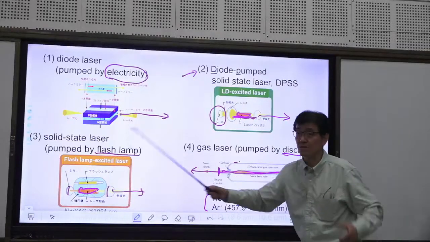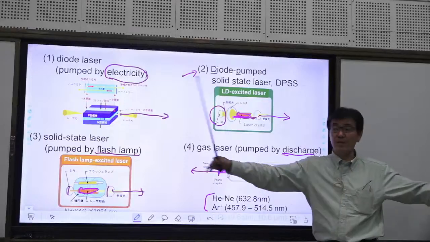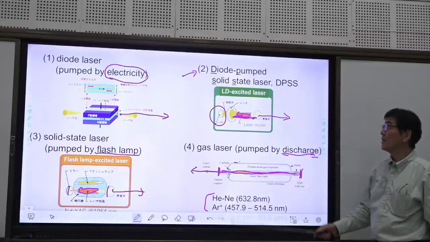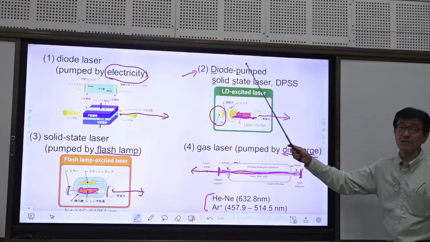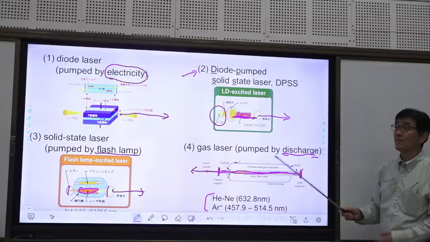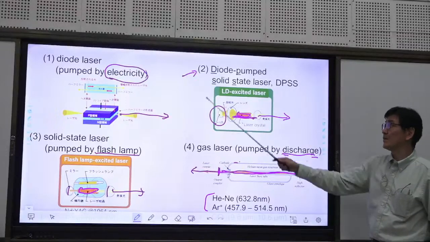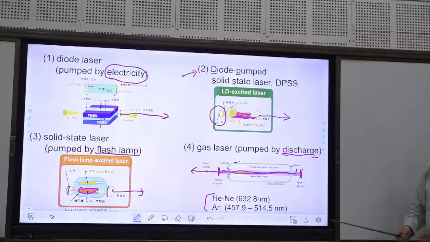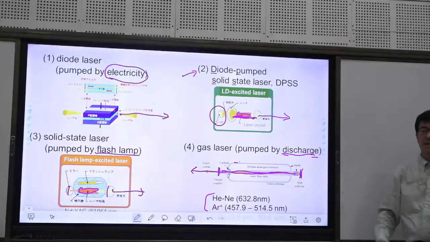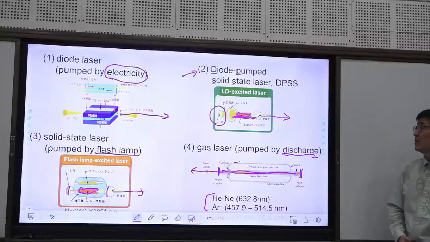This is also huge, a few meters. And recently, this kind of laser is widely used for Raman spectroscopy because it is almost maintenance-free. Turn on the key switch and wait, then laser emission occurs. Very convenient.